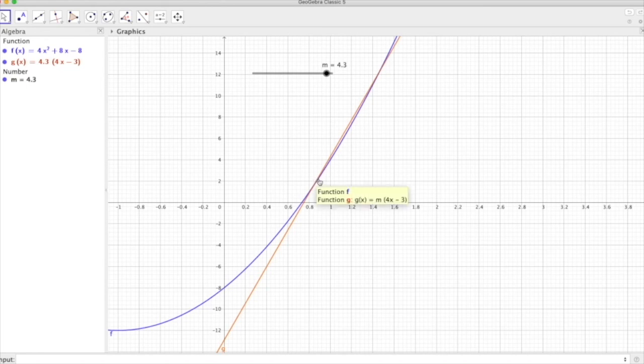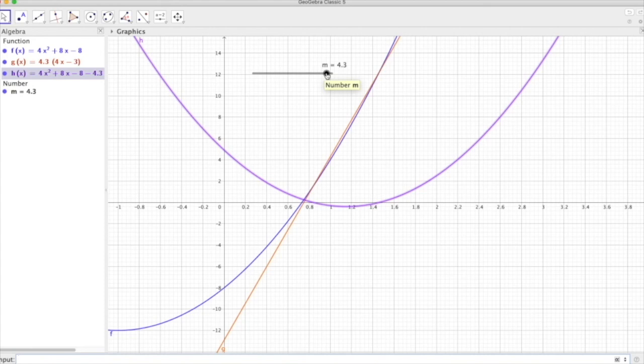Now the other thing we can do is, when we tackled the question algebraically, we subtracted the right hand side from both sides, leaving us with 0 on the right hand side. So we can do that nice and easily in GeoGebra by doing f take away g. And this is in fact the new quadratic that we found the discriminant for when we solved this problem algebraically.